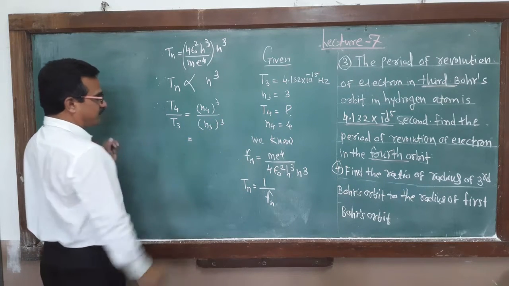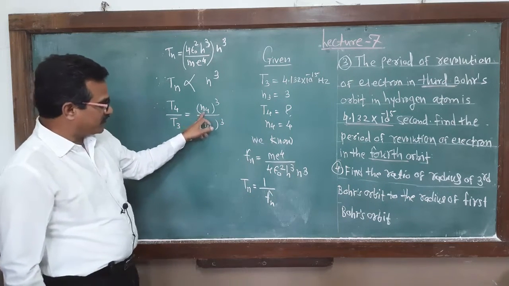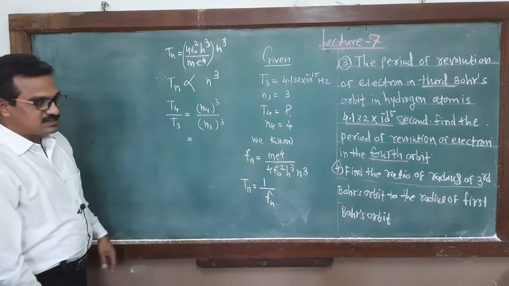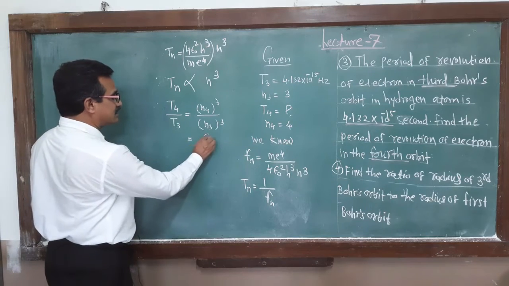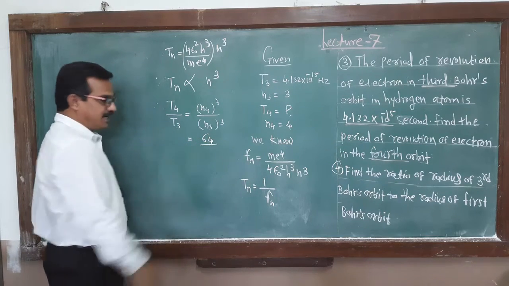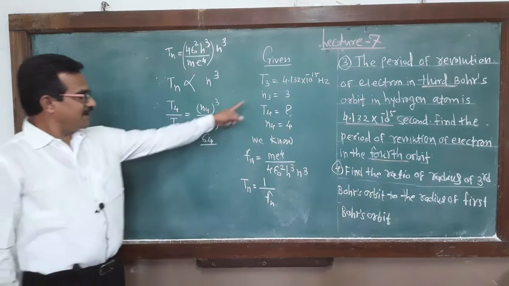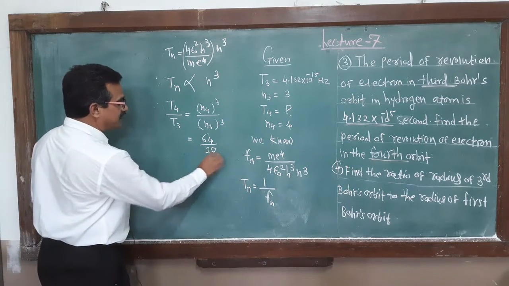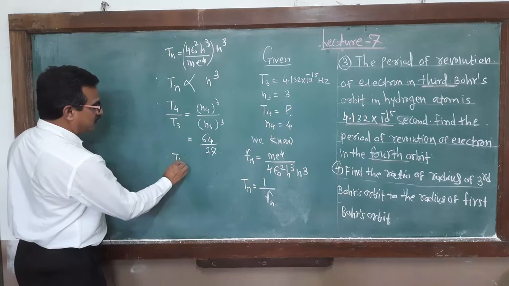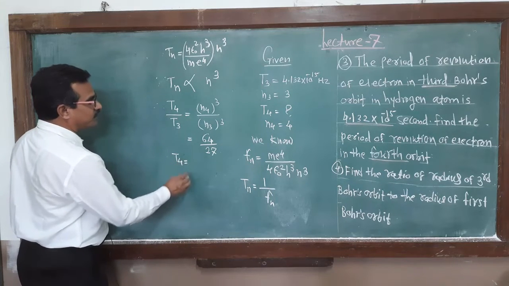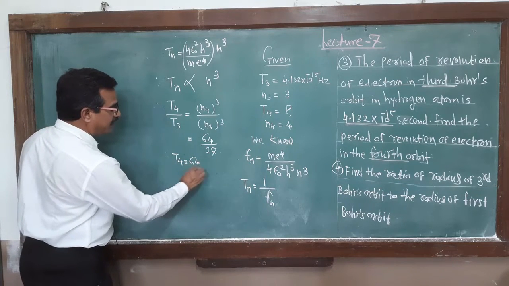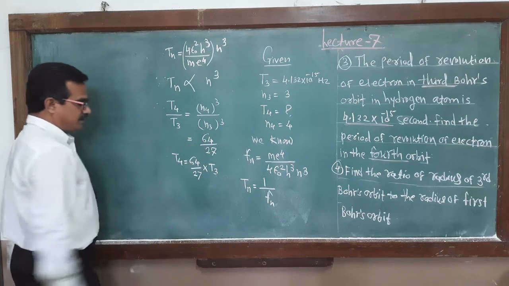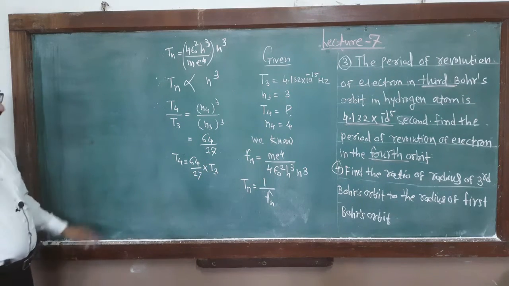The value of n4 is 4, and the cube of 4 is 64, divided by n3, whose value is 3, its cube is 27. That means T4 is equal to 64 divided by 27 multiplied by T3. This is the expression for T4.